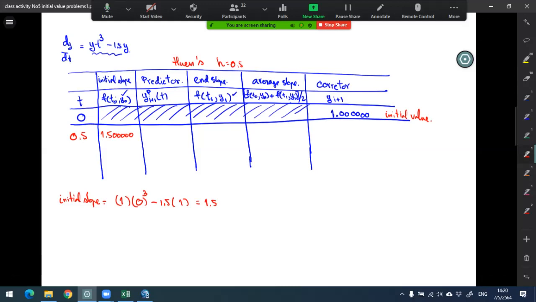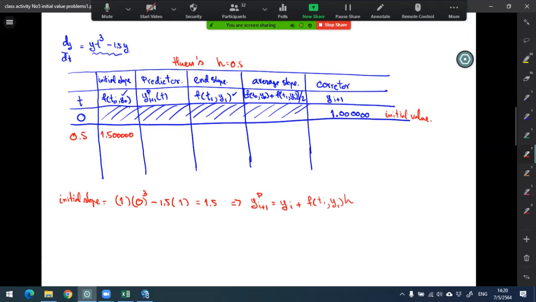After that, we use the initial slope to predict the final point. That is what we call the predictor step. We use the Euler method for this, which is equal to yi plus f(ti, yi) multiplied by h.